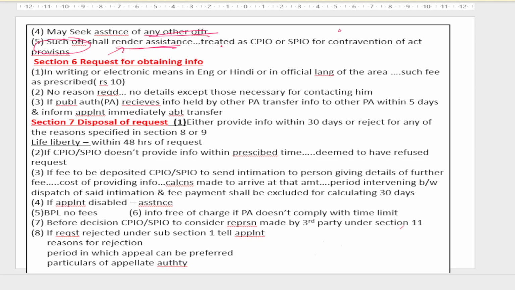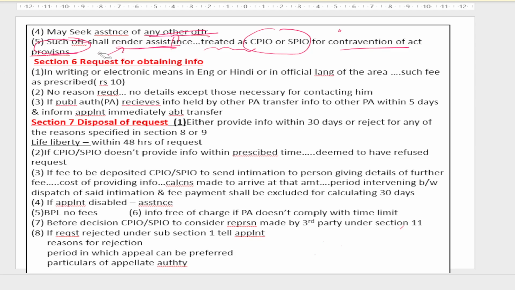In case that other officer does not provide assistance, then that officer will be treated as PIO for the contravention of provisions of the RTI Act. So penal action can be taken against that other officer in case he does not provide the assistance asked by the PIO.